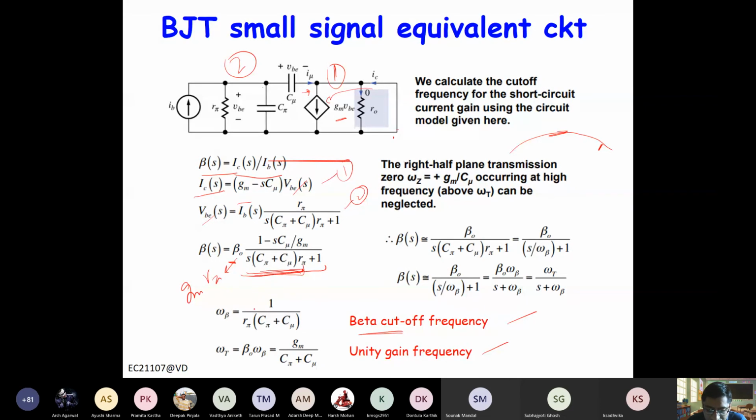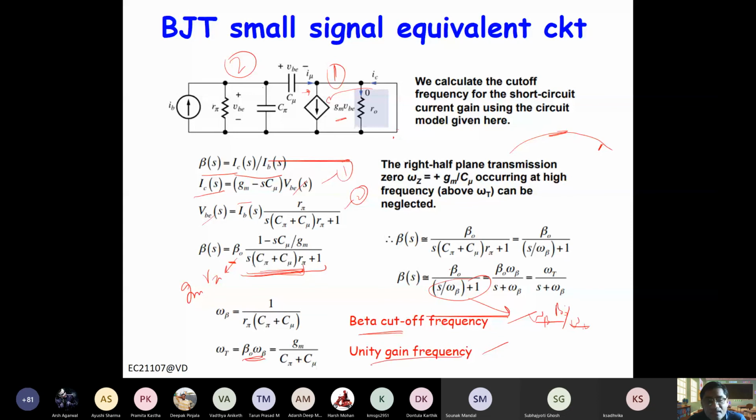So your omega is basically omega beta times beta naught. That will be the unity gain frequency. So if you note here, it is omega beta times beta naught divided by omega beta, and beta naught and beta cancel.